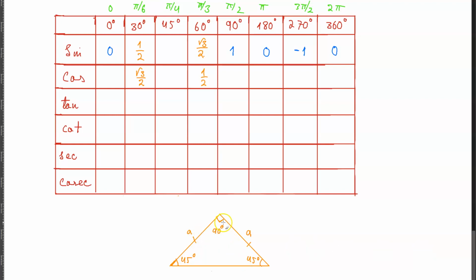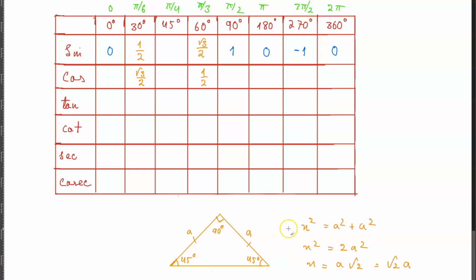By the Pythagorean theorem, the hypotenuse squared, called x squared, is equal to a squared plus a squared. That means x squared is equal to 2 times a squared, which means x is equal to a times square root of 2, or square root of 2 times a.